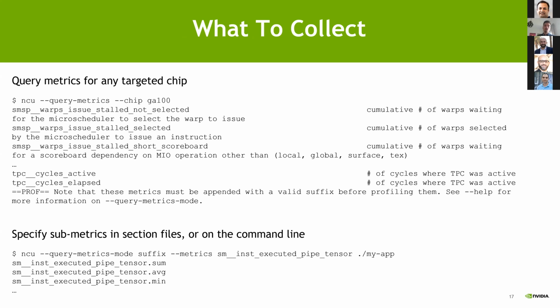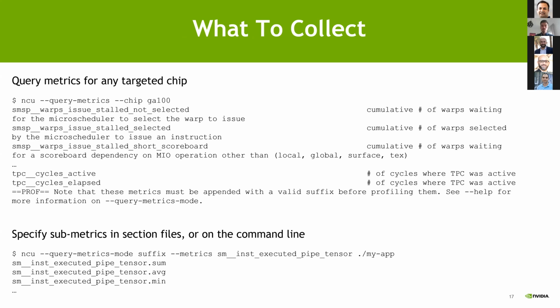But you can also query the existing metrics that the tool supports using the command line and the --query-metrics flag. And you can do that on the local system if you have a GPU and a driver, but you can also do it offline on any host by specifying the target chip. And then you will get a list of base metric names with their descriptions.